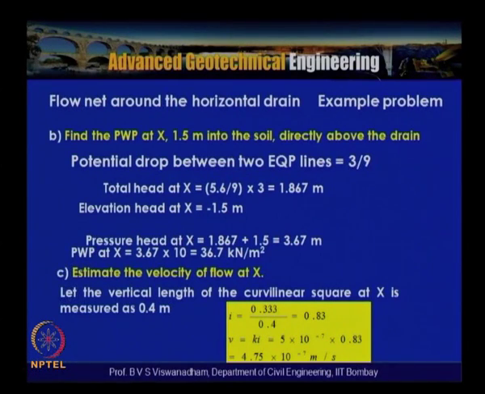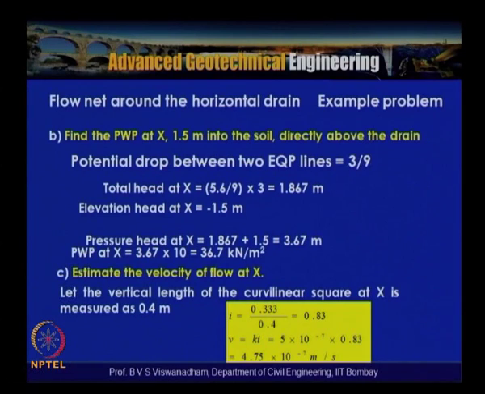So with that we will get 1.867 minus of minus 1.5, which gives 3.67 meters. Now taking gamma W of the water permeating through the drain as 10 kilonewton per meter cube, the pore water pressure at X is given as 3.67 into 10, that is 36.7 kilopascals or kilonewton per meter square.